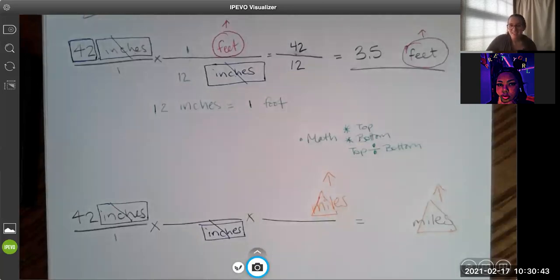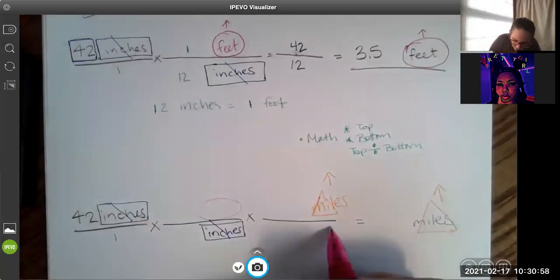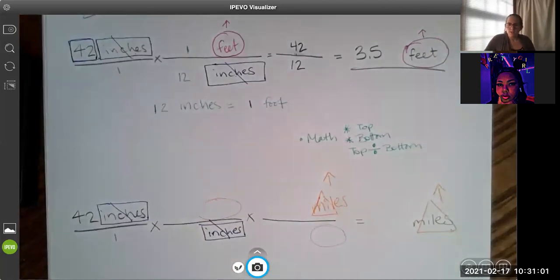Miles is going to go on the top. Then one's going to go for the miles. Let's do all the units and then we'll do all the numbers, because we've still got some blank spots here and here. Okay. Is there a unit that we know of that has to do with length and distance that is between an inch and a mile?